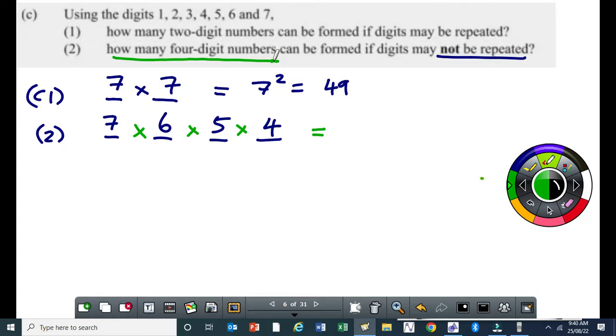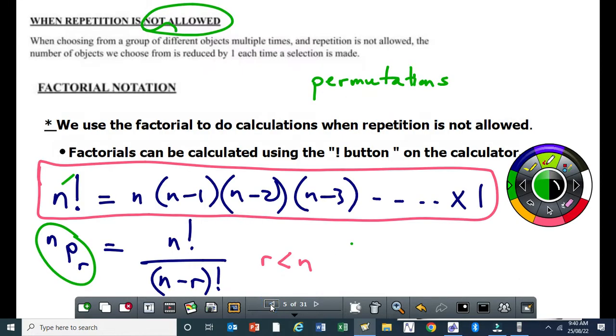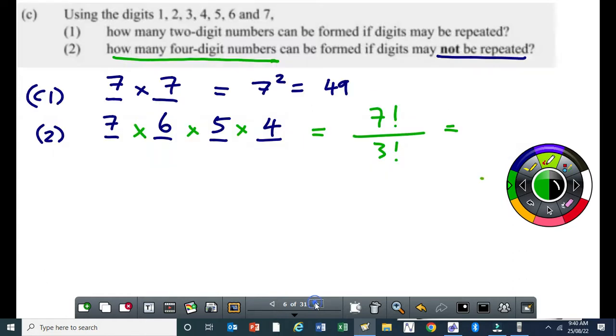Now we can use the factorial. This will be the same as 7 factorial divided by (7 minus 4) factorial, which is 3 factorial. If I use that formula, because sometimes we have so many digits, that's a shortcut way.